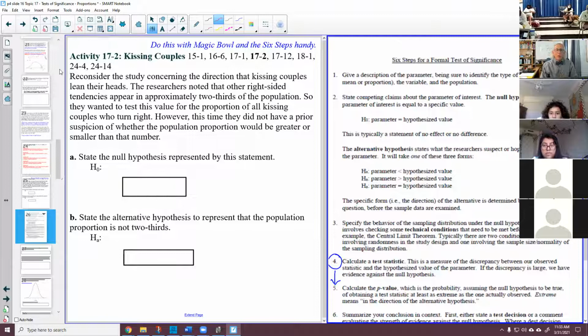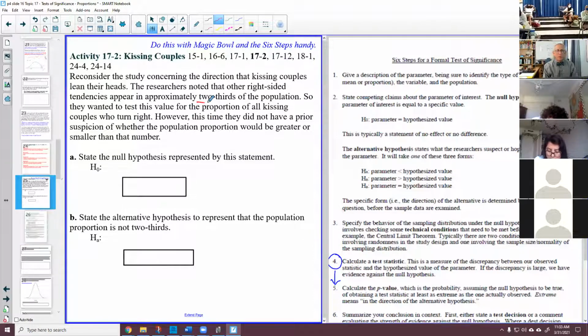I don't know whether it's going to be greater or lesser than 2/3. So if I think that it might be 2/3, my population proportion, how would I write the null hypothesis?